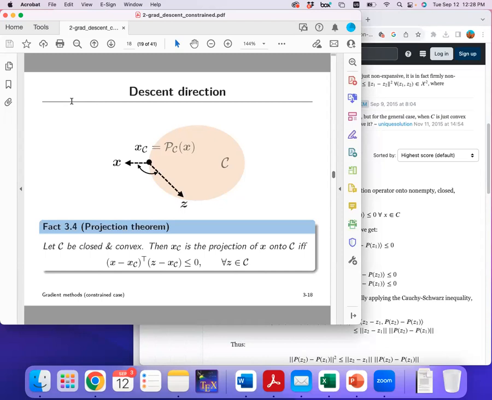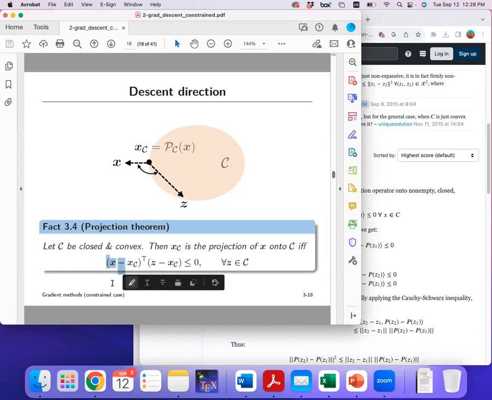If you have a closed convex set, and for any point x, x_C is the projection of the point onto the convex set C, then we have the following characterization. If you pick any z in this set C, then this inequality holds.